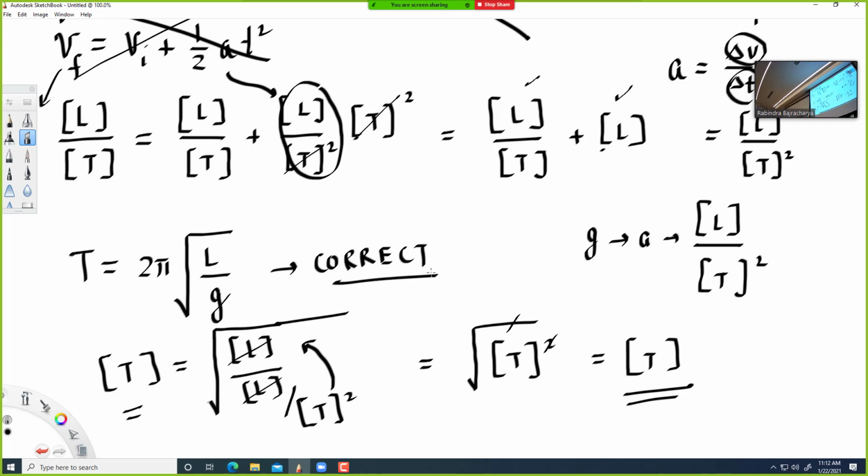Okay. So that's how you can find if a given formula is correct or not. So there are a couple of homework questions that involve dimensional analysis.